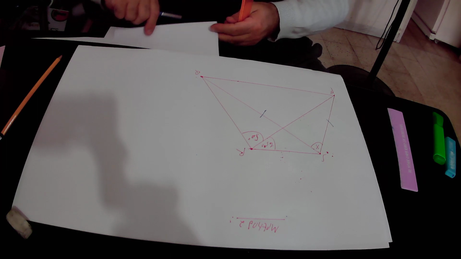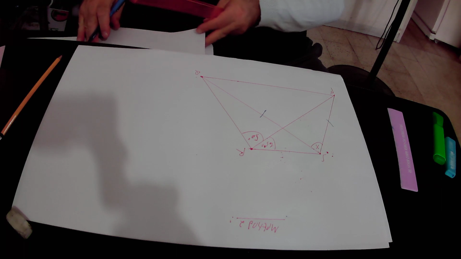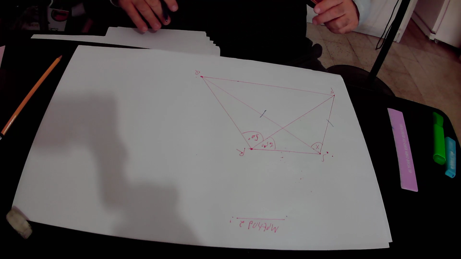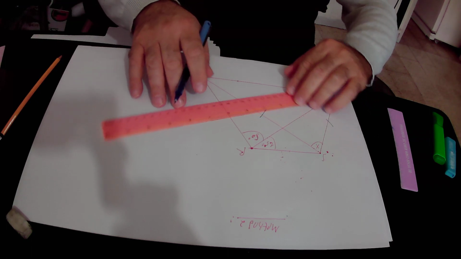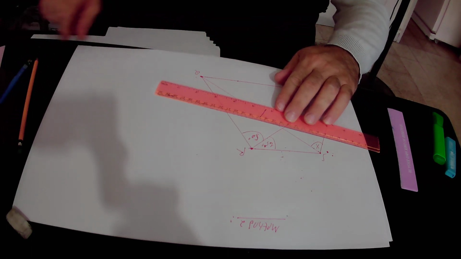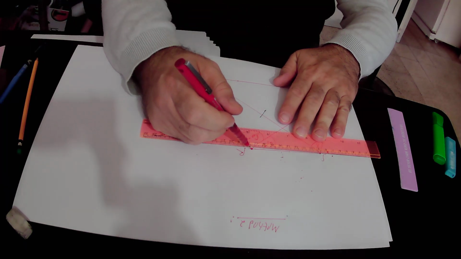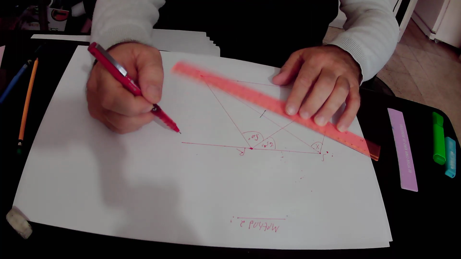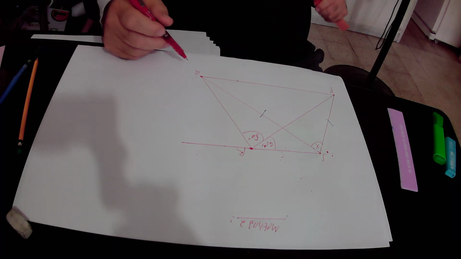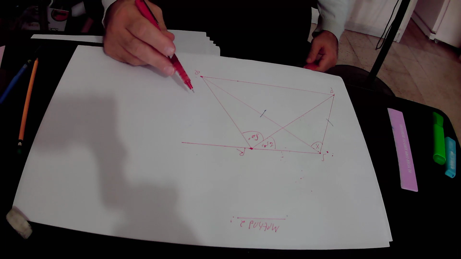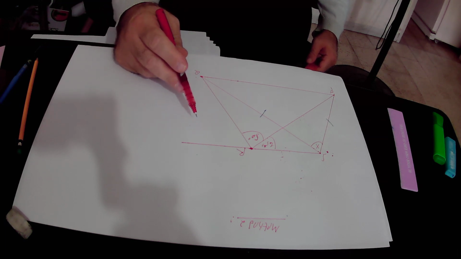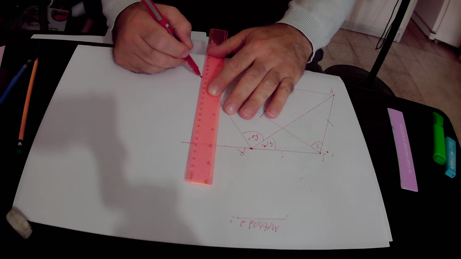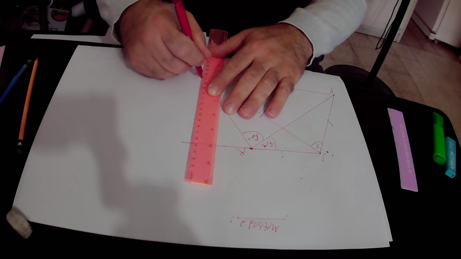We will extend side SR by a straight line, and from point Q we will raise a perpendicular to the extended line segment SR. Again, from point Q we will draw a perpendicular to the extended line segment SR.